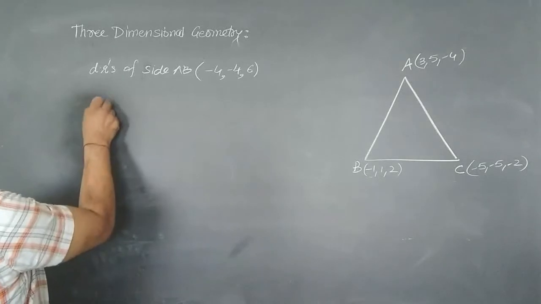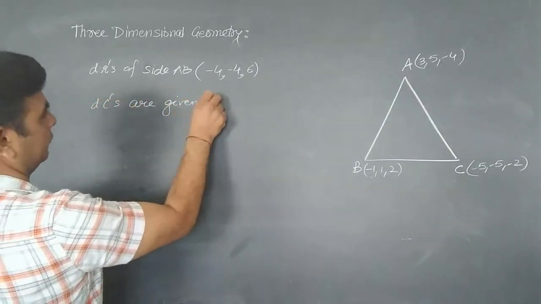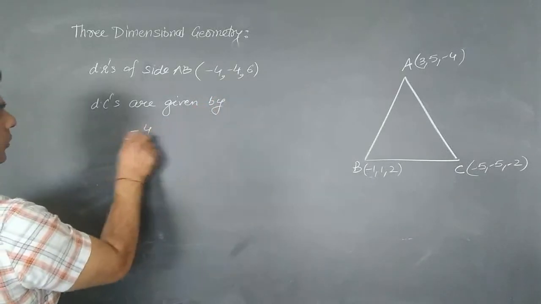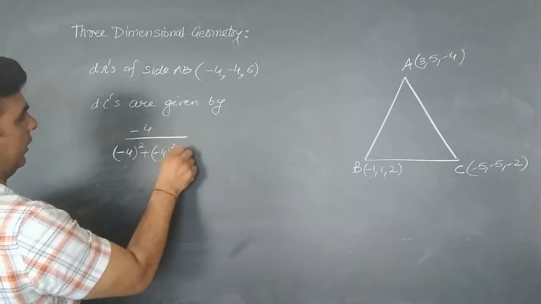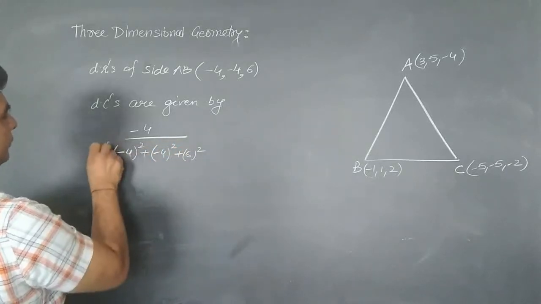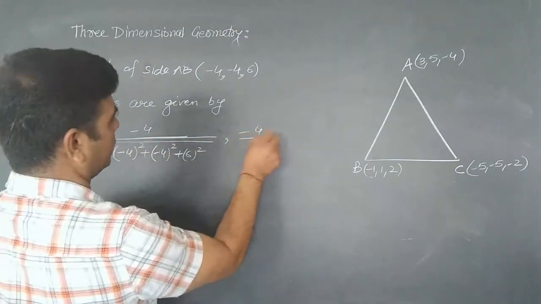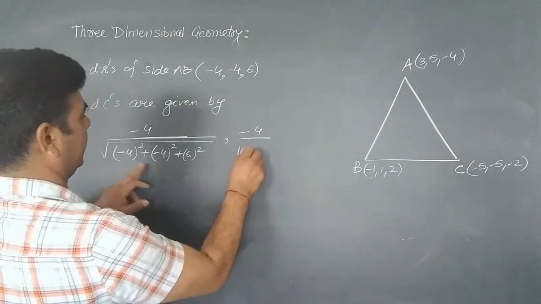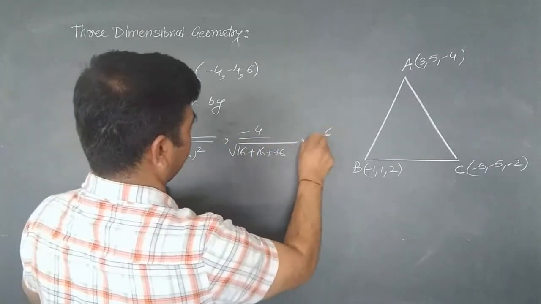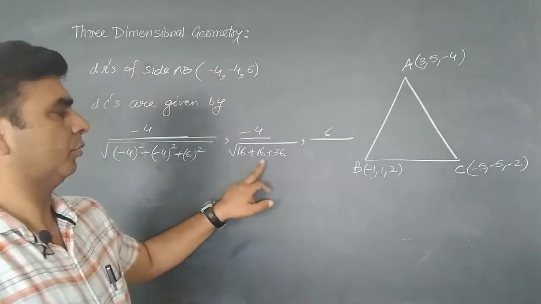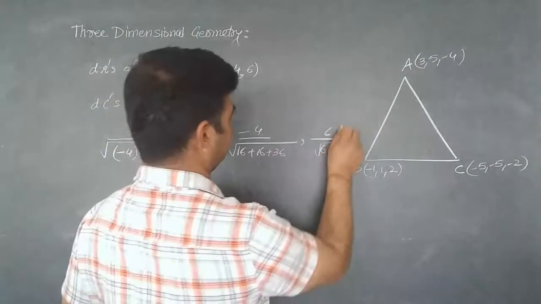Then the direction cosines are given by -4 upon the square root of (-4) square plus (-4) square plus 6 square, comma, -4 upon the same, which is the root of 16 plus 16 plus 36, comma, 6 upon the root of 68, since 32 plus 36 is 68.